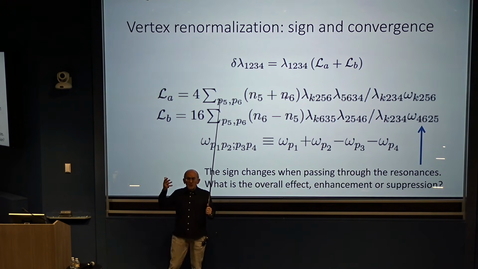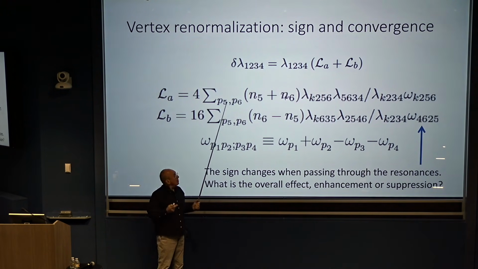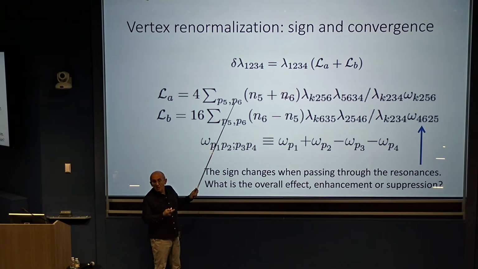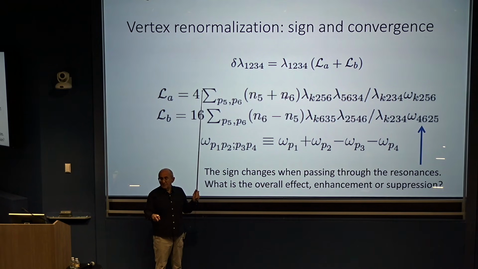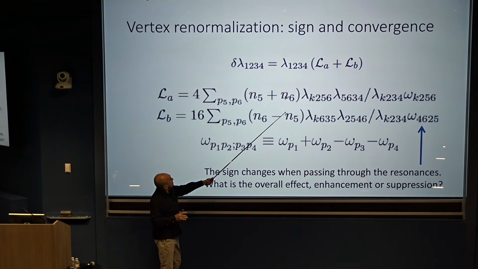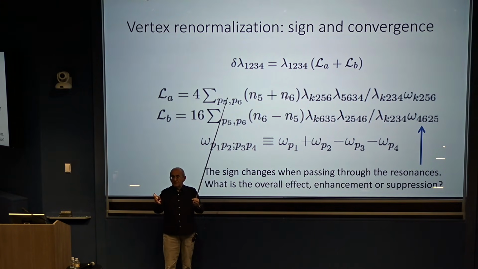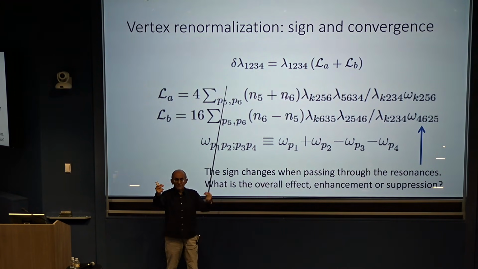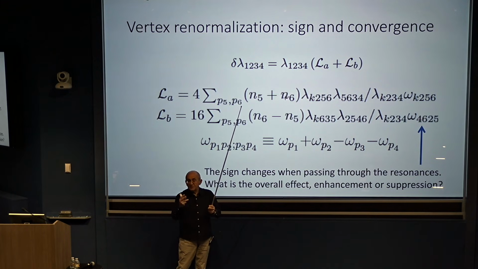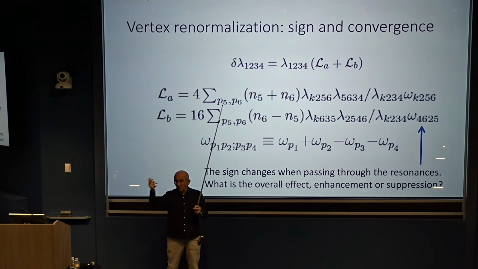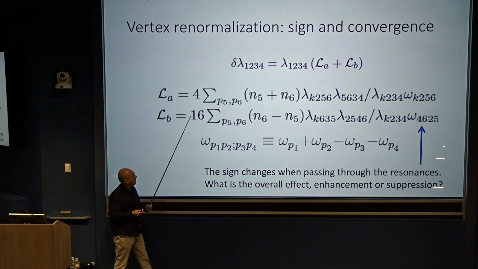At the beginning, I assume it's small. But it's an integral now. It's not lambda at a given k times n at a given k divided by omega at a given k. It's an integral. I need to integrate over all 5, 6, which are intermediate waves. There are waves 1, 2, 3, 4, but they interact through 5, 6, and I need to integrate over all possible wave numbers of 5, 6.